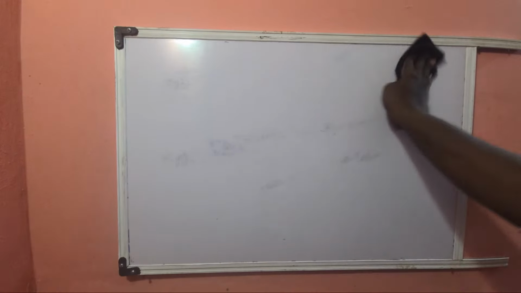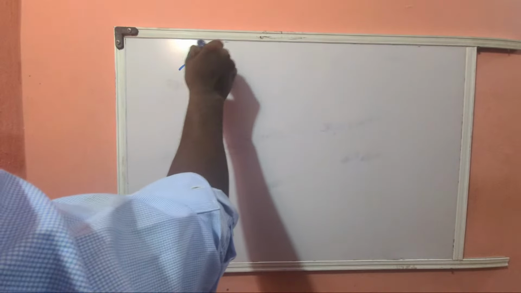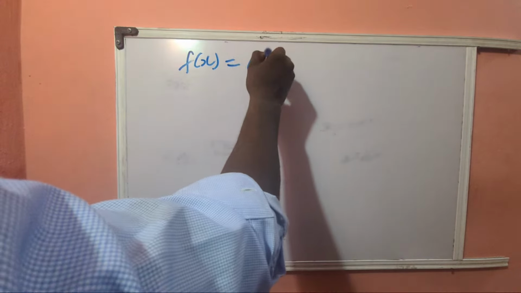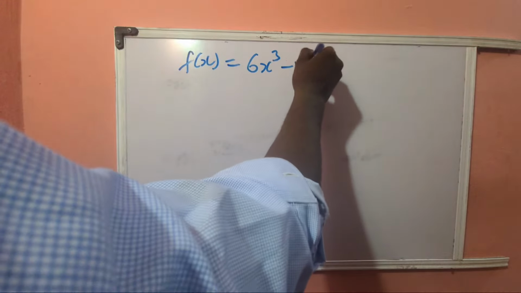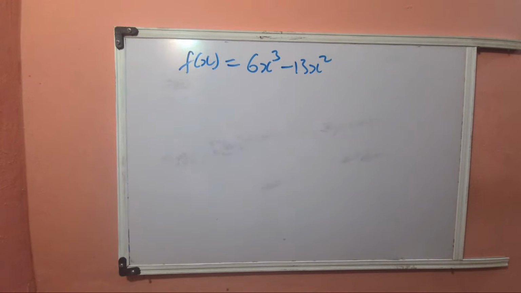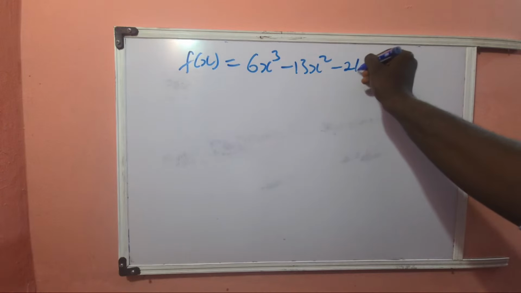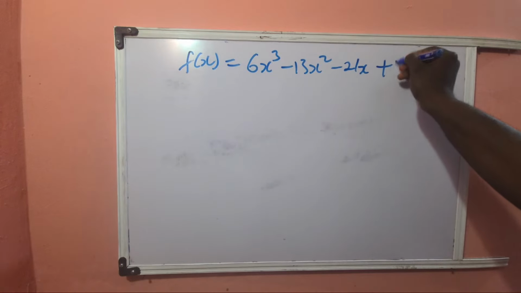I want you guys to pay real attention to this question. It's actually in last year's past question also. That's question type MSB 021. So look at the function you're given: f of x equals 6x cubed minus 13x squared minus 21x plus 18.